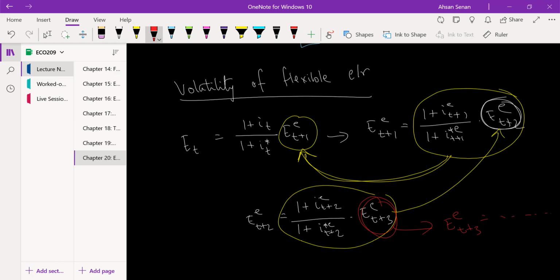And see, we can write down another equation, and we can go on and on and on and plug it in.